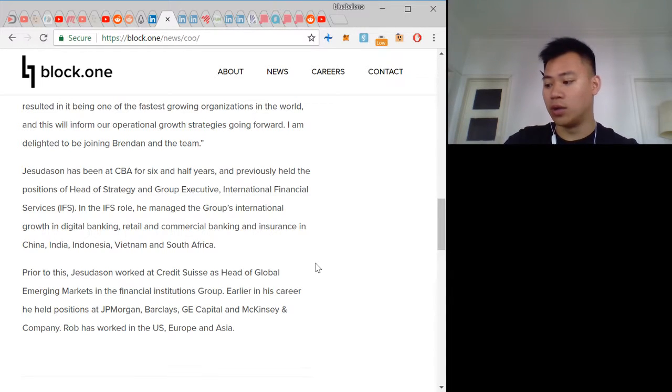Just like how digital banking leapfrogged traditional banking in some African regions, I think it's going to do the same for these emerging markets. And you can see that on Steem, where there are a lot of people from these regions: China, India, Indonesia, Vietnam, South Africa, and I think Thailand was also a big community on Steem.